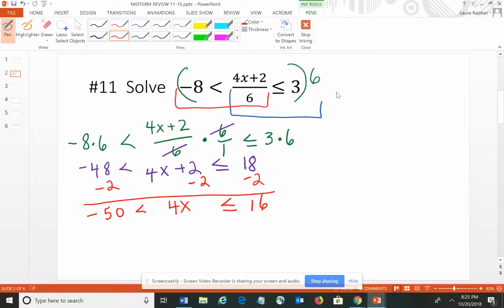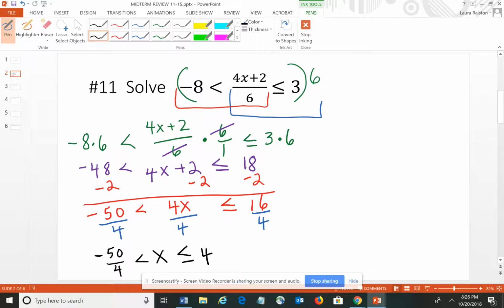Again, keeping in mind I'm trying to isolate the x, I need to get rid of the multiplication by 4. So I'm going to divide the front end and the back end by 4, so that ultimately I have negative 50 fourths less than x less than or equal to 4.